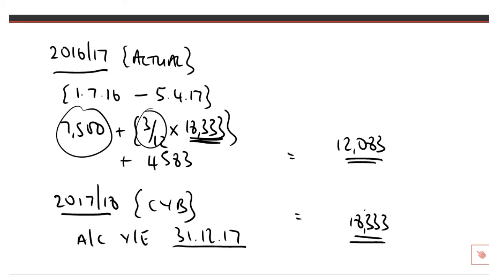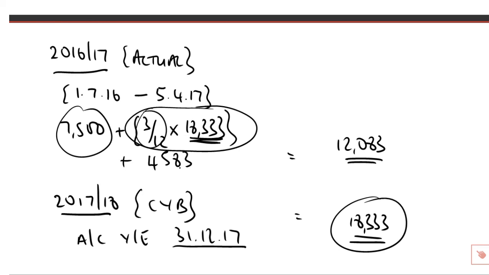And what we can see is that all of the 18,333 for the year ended December 17 is assessed there in 17-18, but also 3 months worth of the 18,333, to be precise 4,583, had been assessed also in 16-17. So there, therefore, is your overlap.